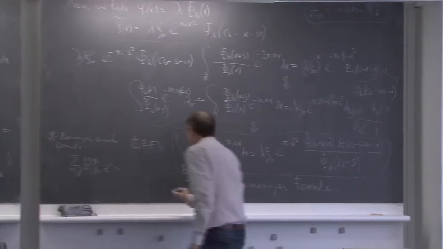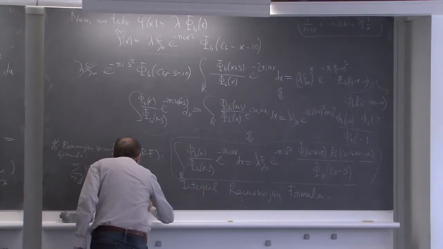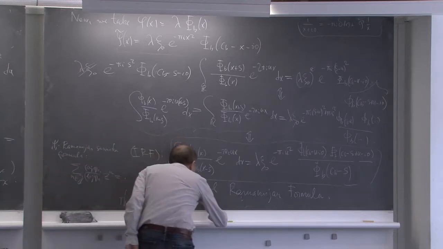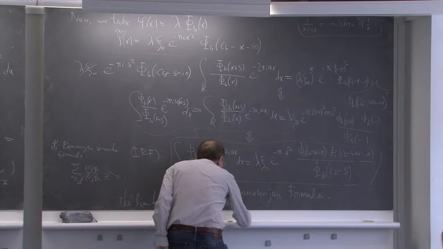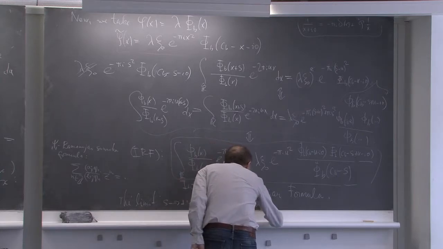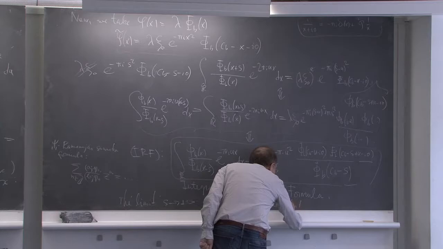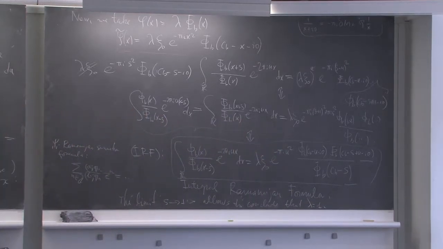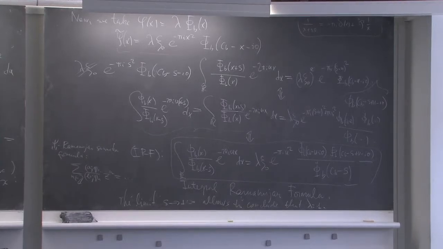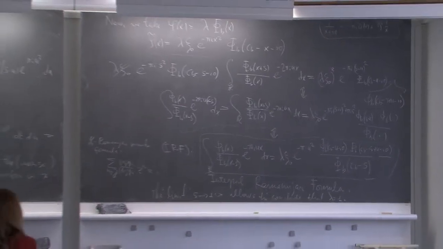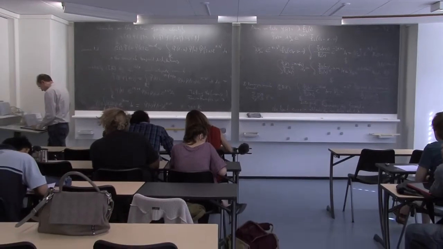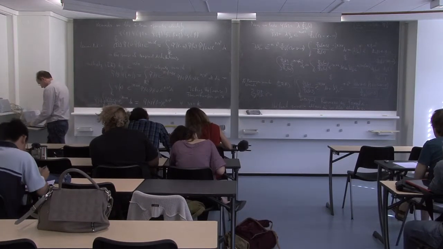So the limit S goes to plus infinity allows us to conclude that lambda equals 1. You see how indirectly we extract information, because we don't know how to calculate the integrals. That's the reason.